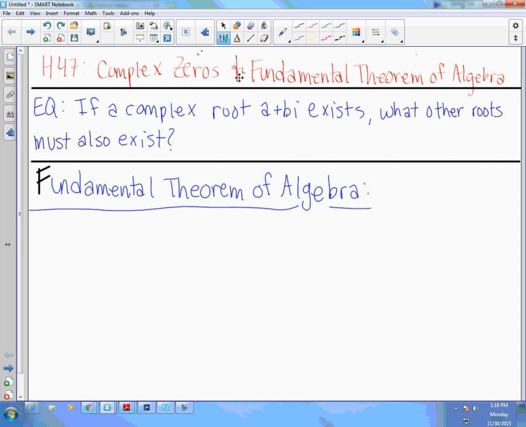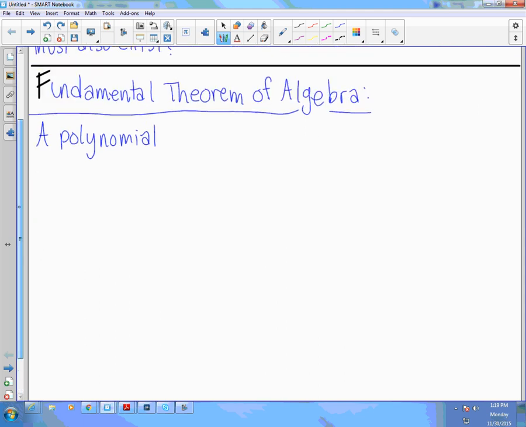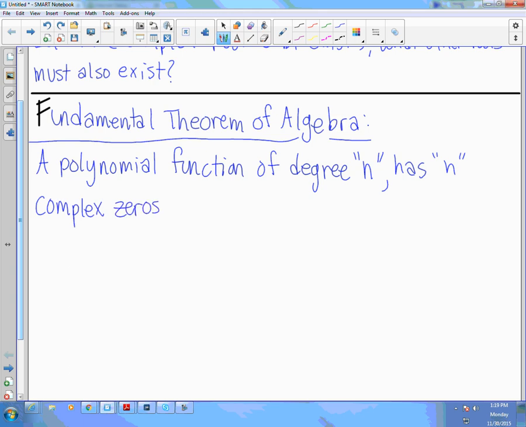Okay, the fundamental theorem of algebra says a polynomial function of degree n has n complex zeros.